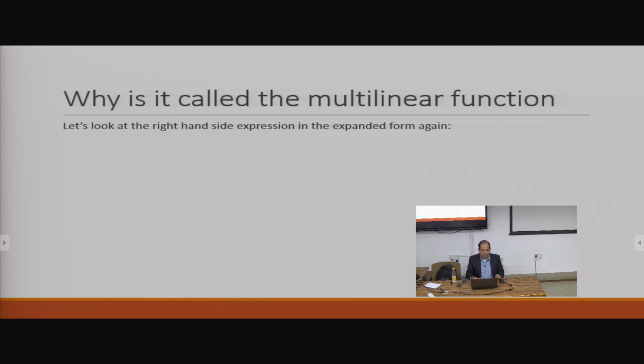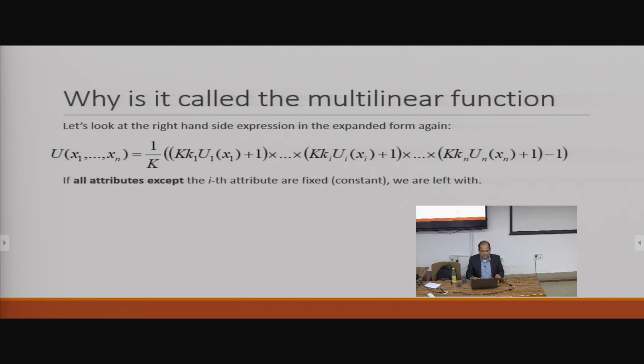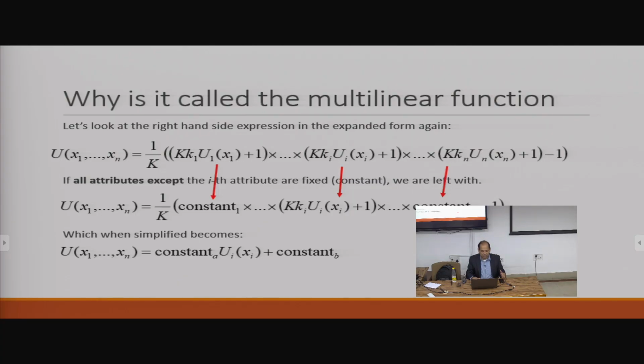Why is it called the multilinear? Because if all attributes except the ith attribute are fixed, that is, they're constant, then you end up with something like this, right? And this makes the utility independence clear.